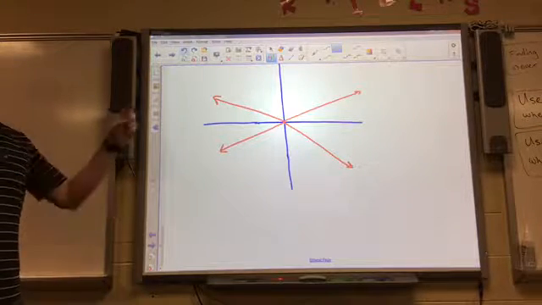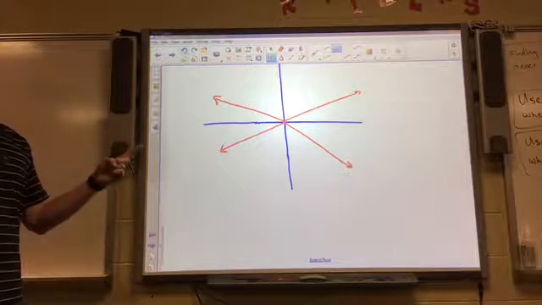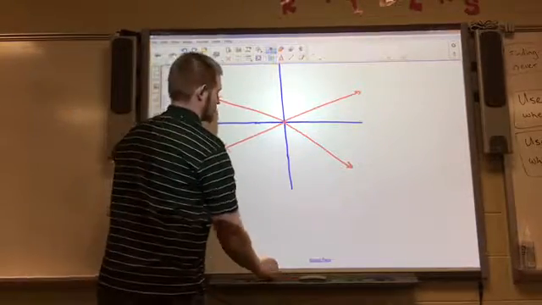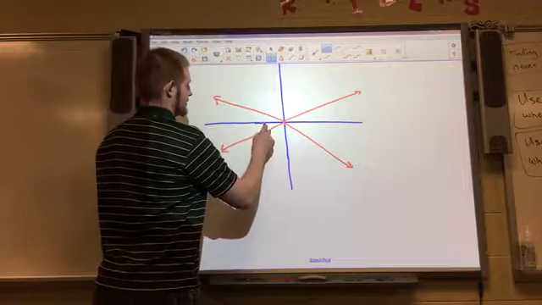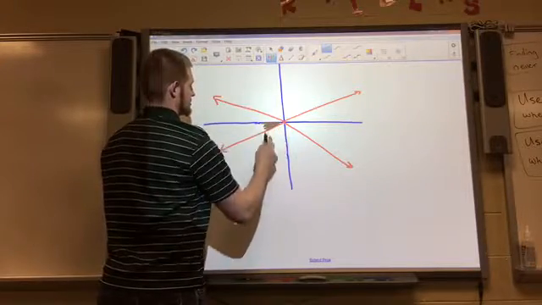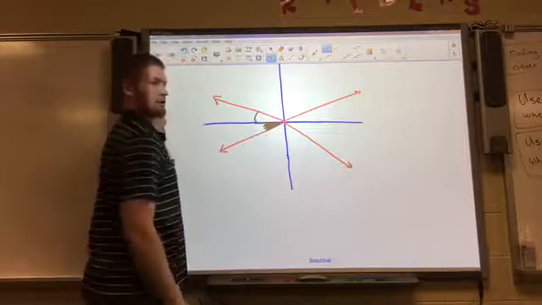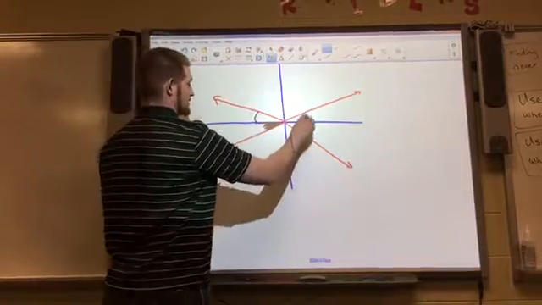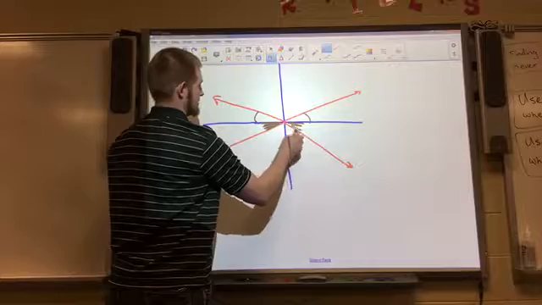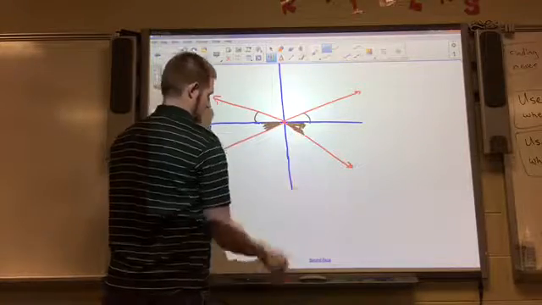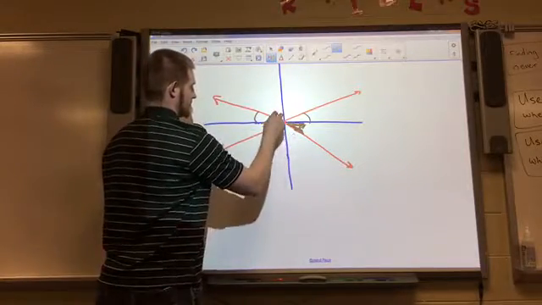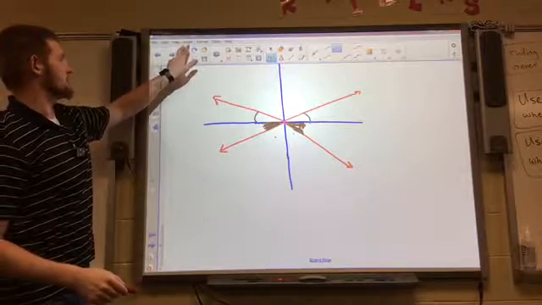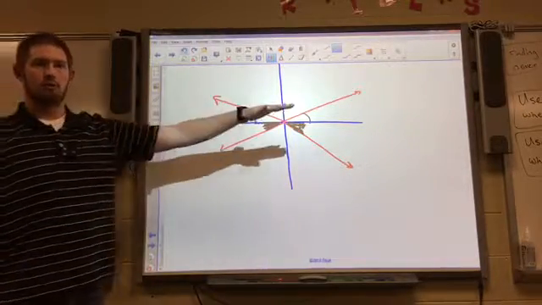Your last word should always be either east or west. So you would be finding the angles that touch your x and y axis, basically, or your east and west. You would be finding these four angles. Will you ever find these four angles? No. Always find the ones that are touching your horizontal line.